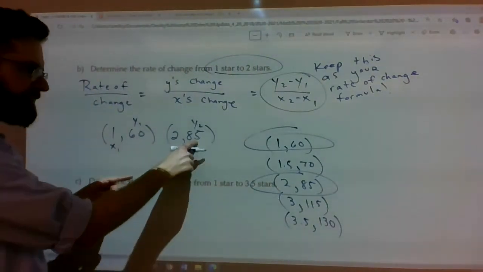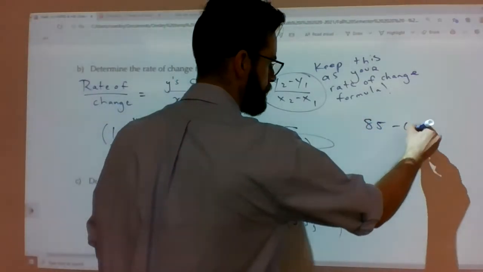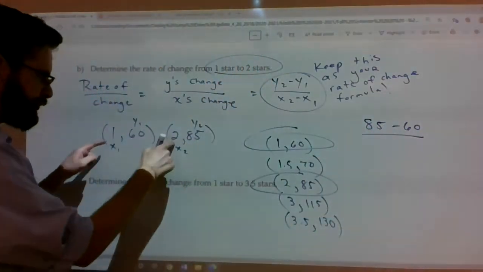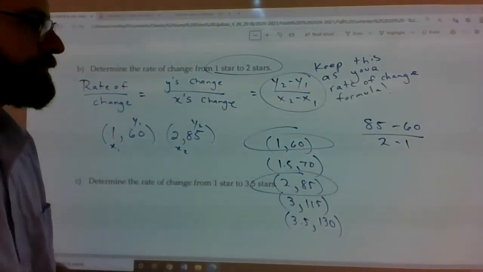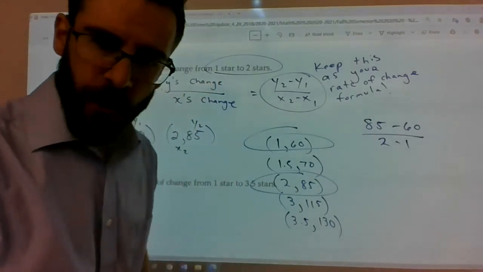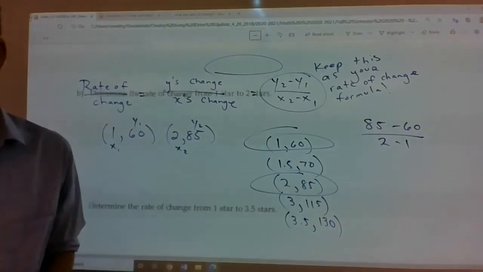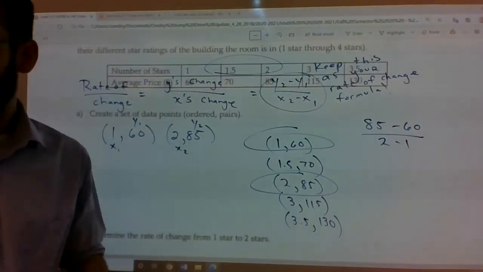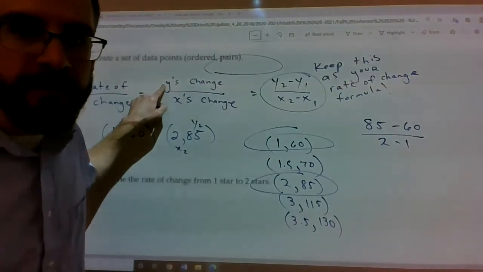So we're going to do 85 minus 60 over 2 minus 1. You need to put your units on this assignment. So what did the 85 and 60 actually represent? Oh, they represented dollars. Remember? Dollars?